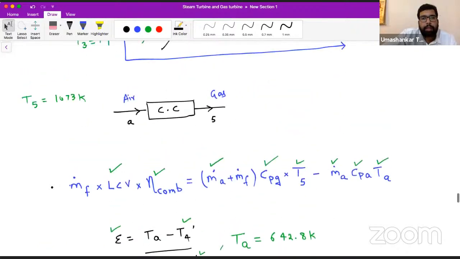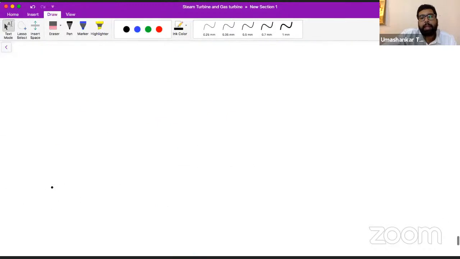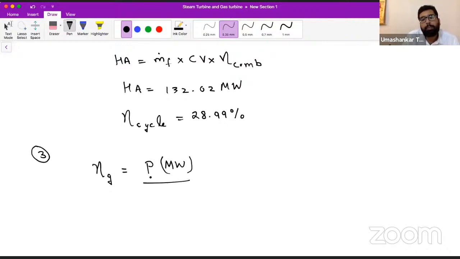So in the last, what is given? It is asked to us, what is the power supplied by the plant? So very simply, generator efficiency is given to you. Generator efficiency is the net power supplied by the plant, including generator and everything, divided by what we get from the turbine.